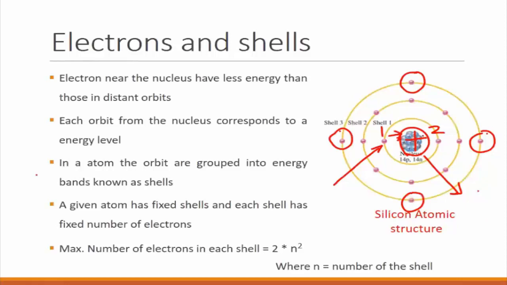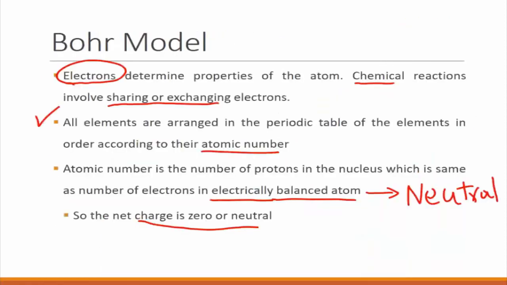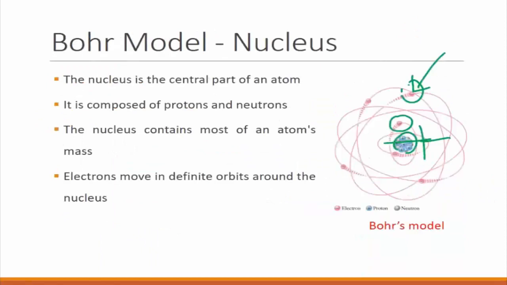But in an atom, orbits are grouped together. If you look at that first orbit right here, it's showing 2 electrons. But internally, each electron has its own shell, which was quite evident in Bohr's atomic model. You can see that right here I have 2 electrons, but they are in their own orbits, correct?